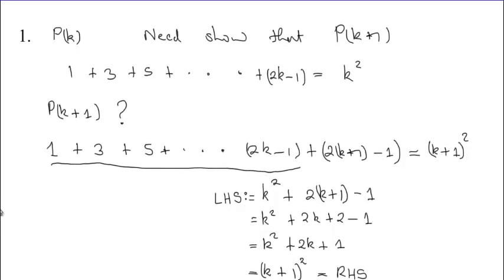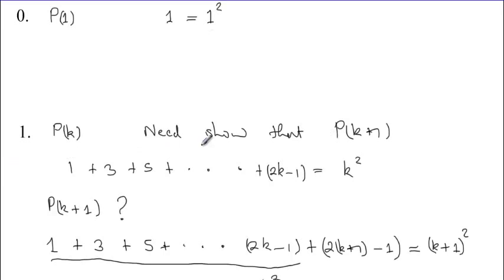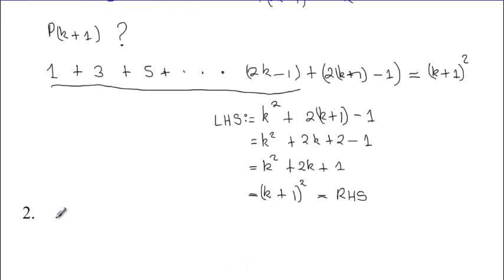So after this first step, the initial step of testing our statement, and deducing from our hypothesis about k that it is true for k plus 1, we can now have a conclusion, which will be our last step, because everything we do, we must at the end state what our conclusion is from what we have done.